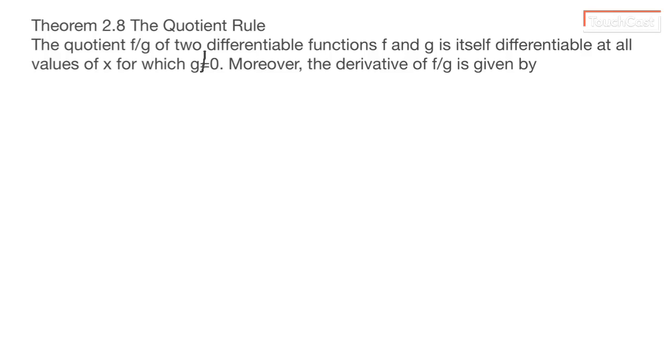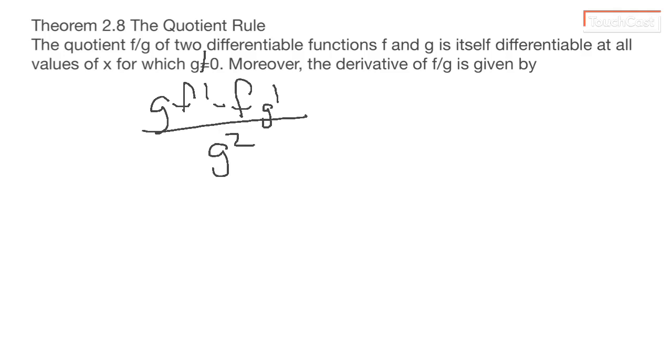So the derivative is going to be g times f prime minus f times g prime over g squared, and g cannot equal 0. There's a proof for this in your textbook. I'm not going to go over that. Let's just look at some examples of how we actually use it.